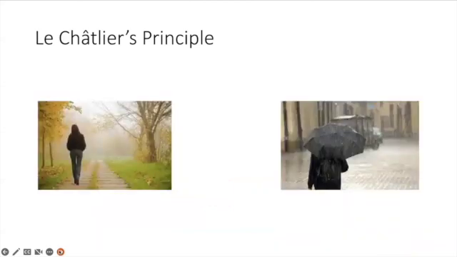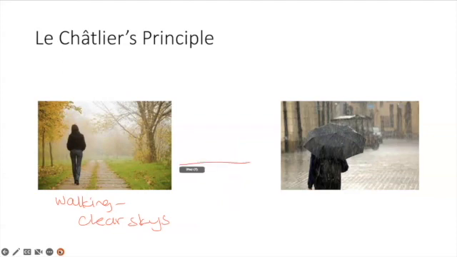So here's my other example. I couldn't find a great sunny picture, but this will do. Maybe you're walking along, there's clear skies, so you're dry. You don't have anything to worry about. But let's say it starts raining.